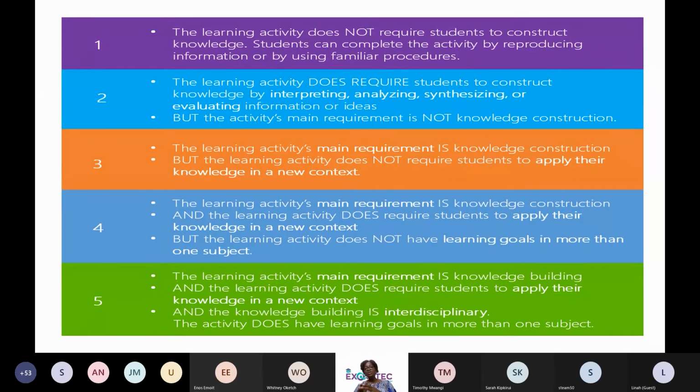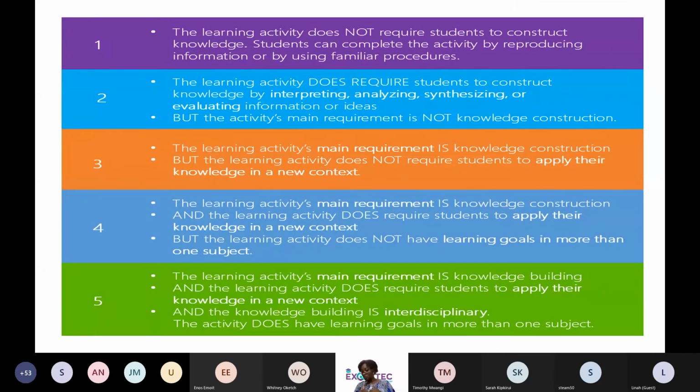Once they do that, you are not only scoring them on their data analysis, but you're also scoring them on their writing skills. Now you're looking at their grammar and all that. So that is English and maths being scored, then that is interdisciplinary. So your goal is more than one subject. So that is level 5, and I hope that is clear.